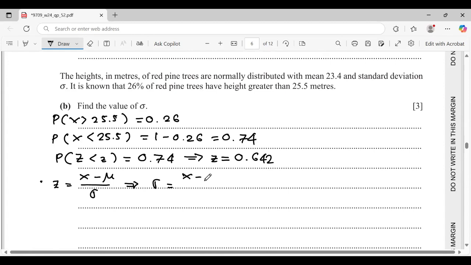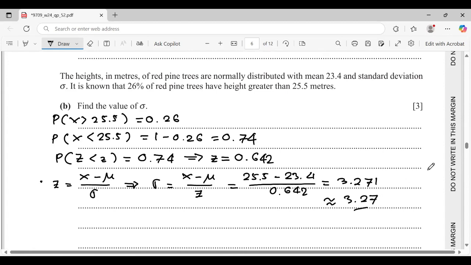It becomes x minus mu divided by z, or 25.5 minus 23.4 divided by this number 0.642, and you can get this number 3.271, or 3.27.